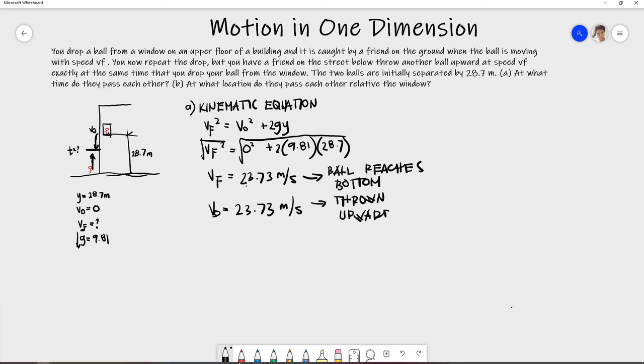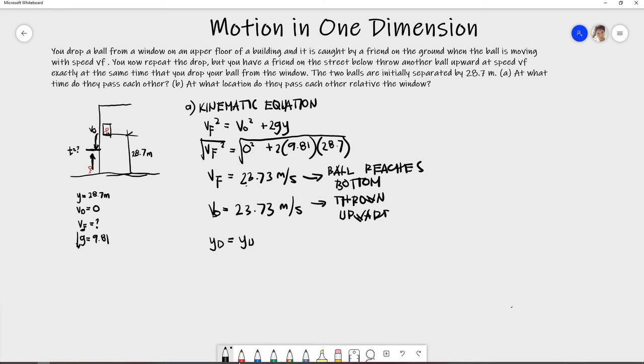Now to get the time, we will use this equation. There is a certain height where they meet each other, where their heights are equal, meaning we use this equation when the stone is traveling downward and the other stone is also traveling upward.